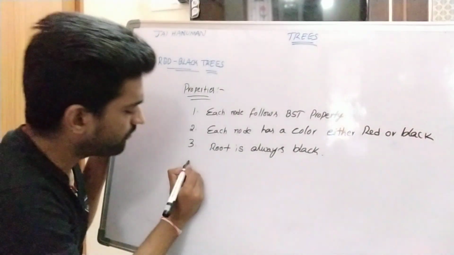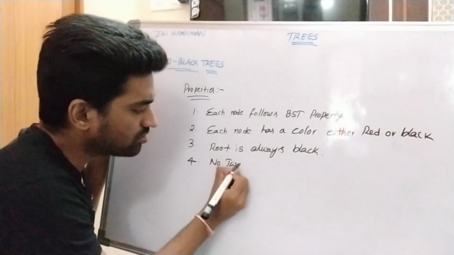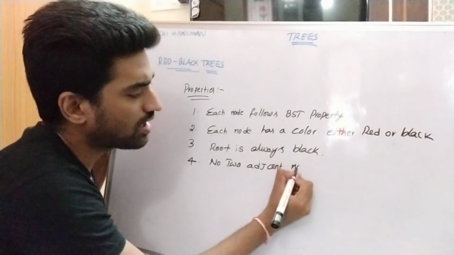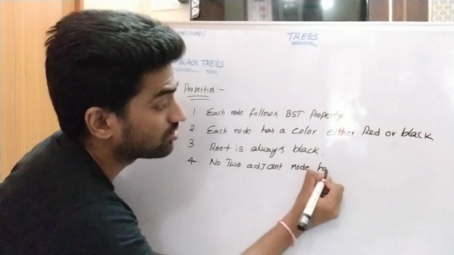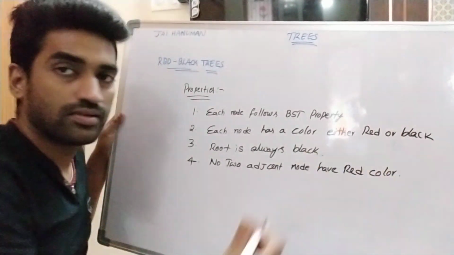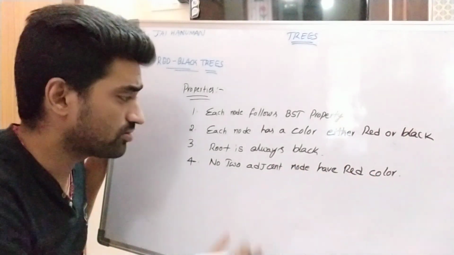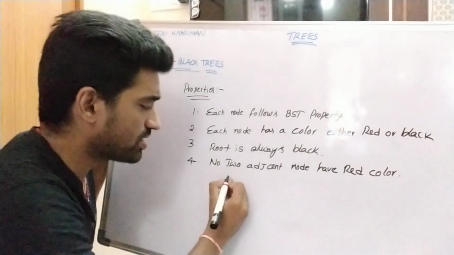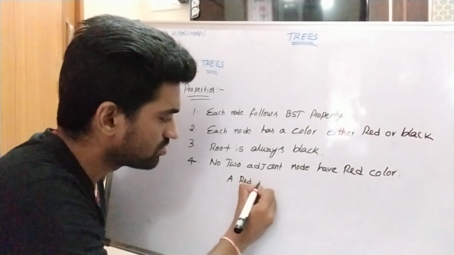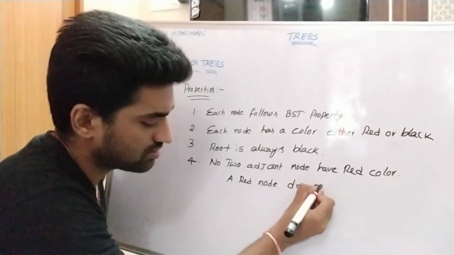Now the fourth property is that no two adjacent nodes have red color.